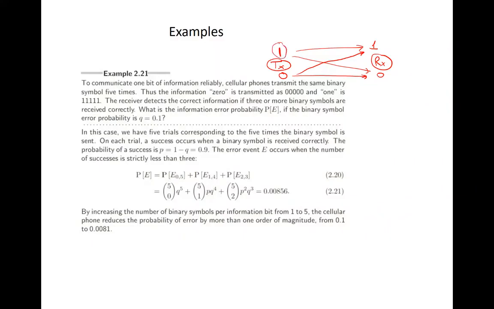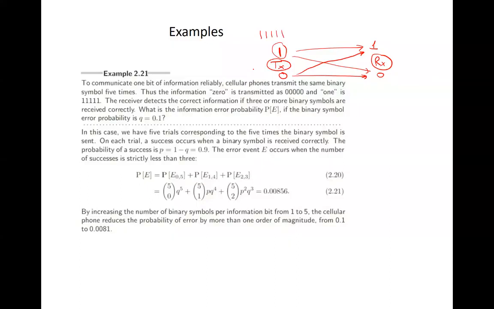In order to reduce this error, instead of transmitting just 1, in some systems we use encoding, and instead of 1, we transmit 5 ones. Okay? And we count the number of ones at the receiver side. If the number of ones is greater than 2, then I decide that binary 1 was transmitted.